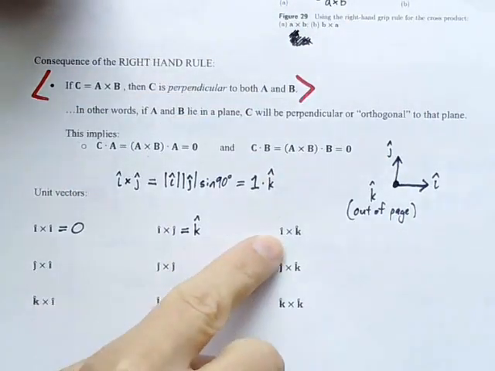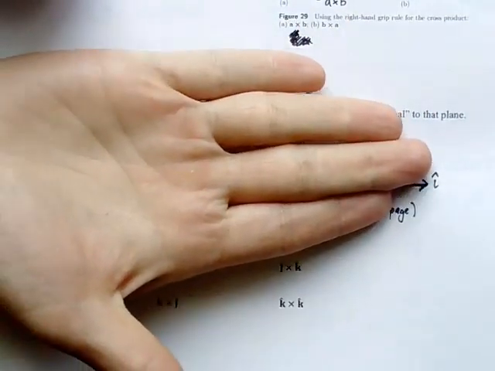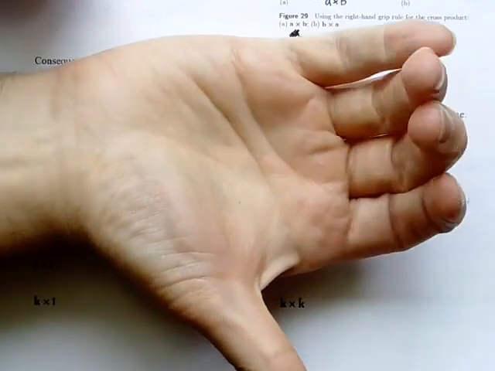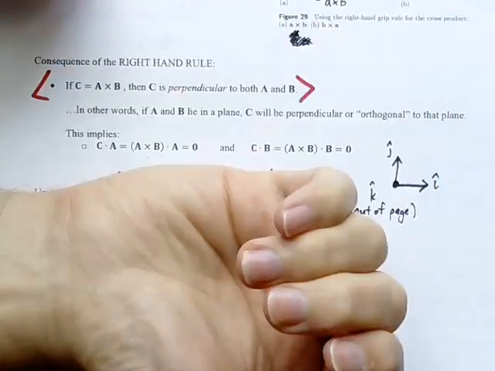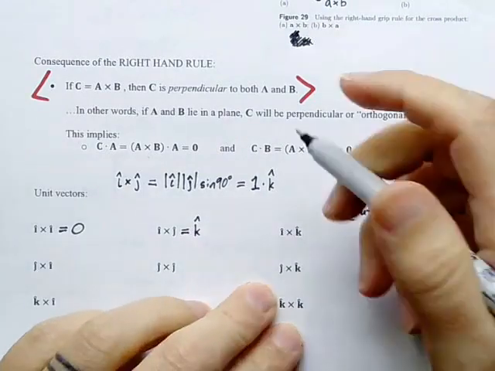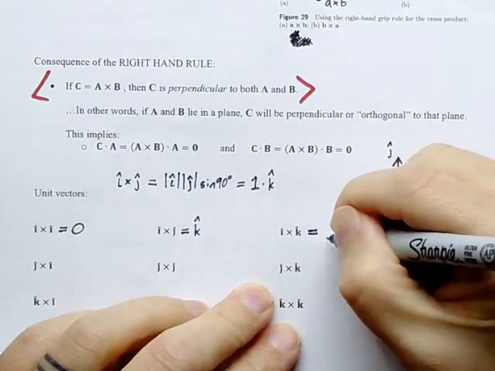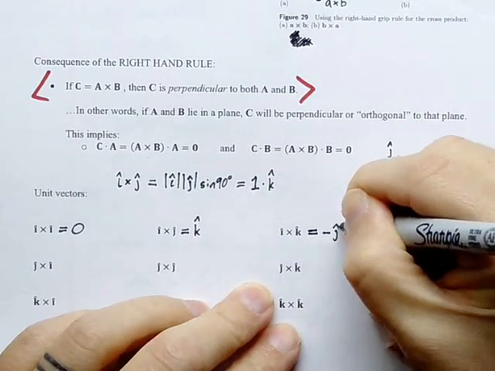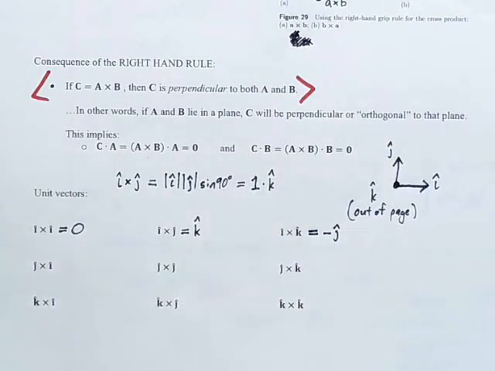So i hat cross k hat equals negative j hat.